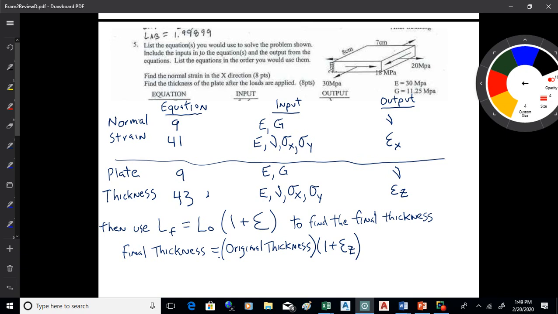Don't actually run all the numbers. Just tell me how you would run the numbers. So what I have here is a table set up where you tell me what equation you'd use, what values you would put in, and what numbers you would get out. Okay, so that's what I'm doing there.